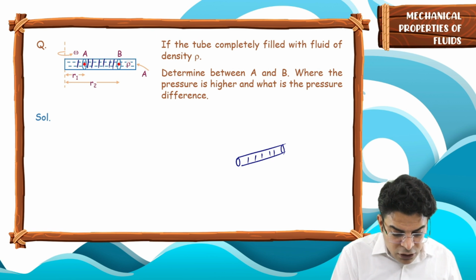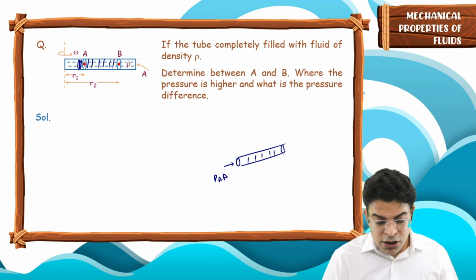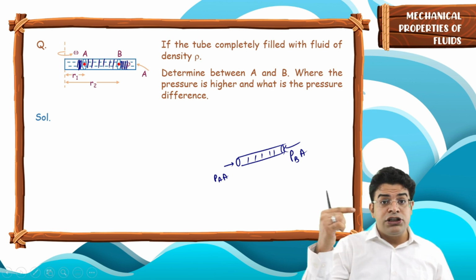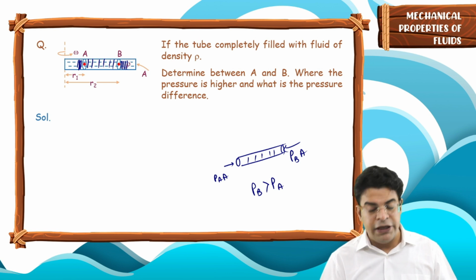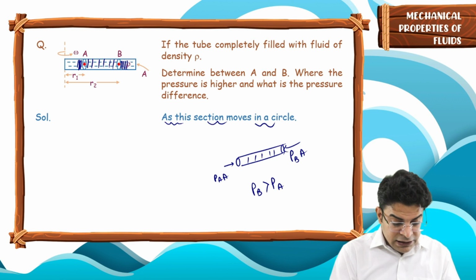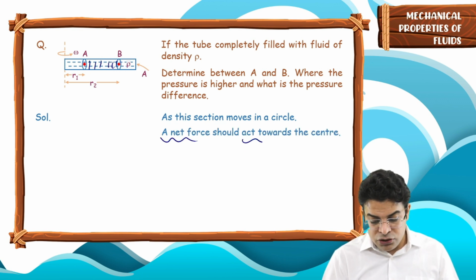Because of the fluid on the left of A, there will be a force PA into A. Because of the fluid on the right of B, there will be a force PB into A. As the net force has to be towards the center, we will say that PB has to be greater than PA.